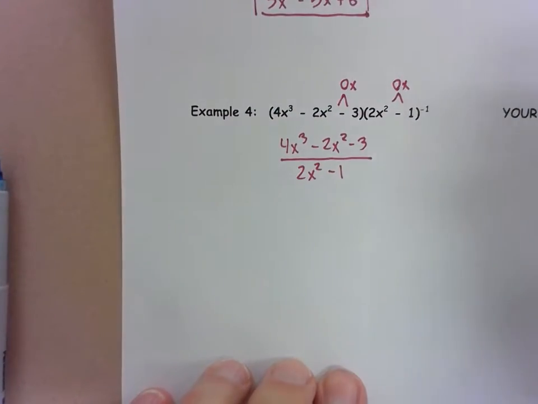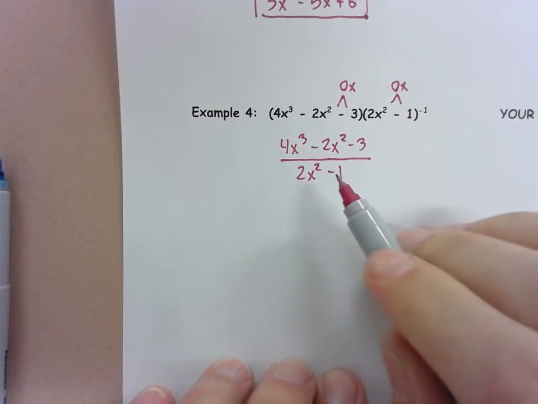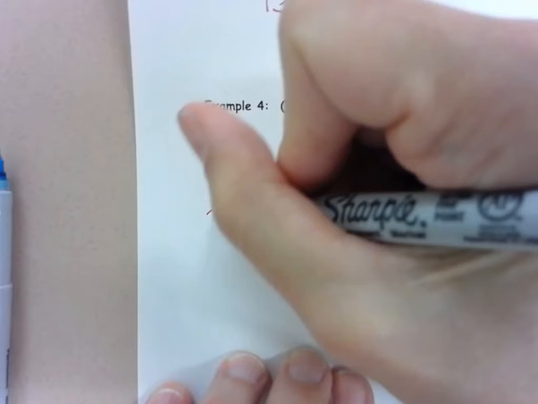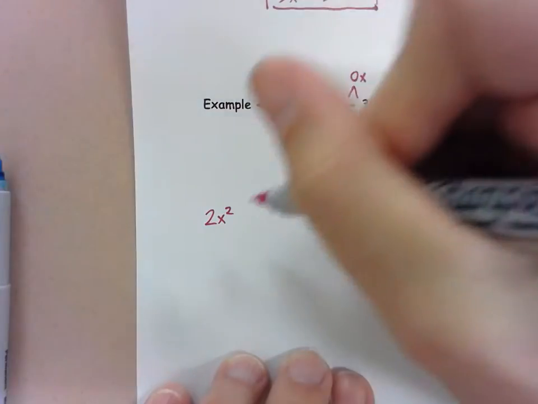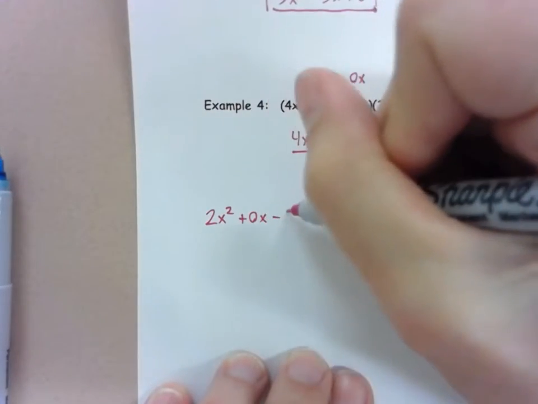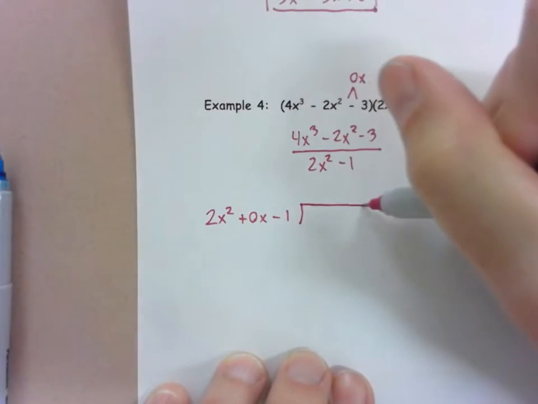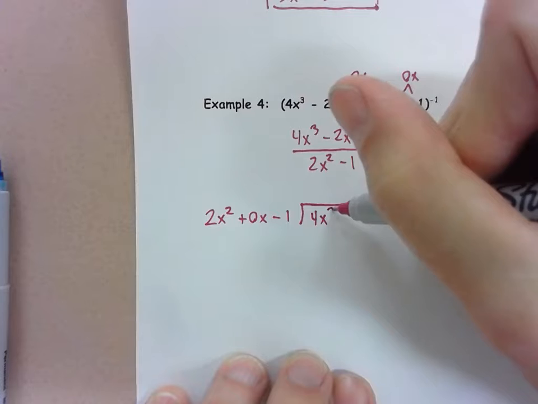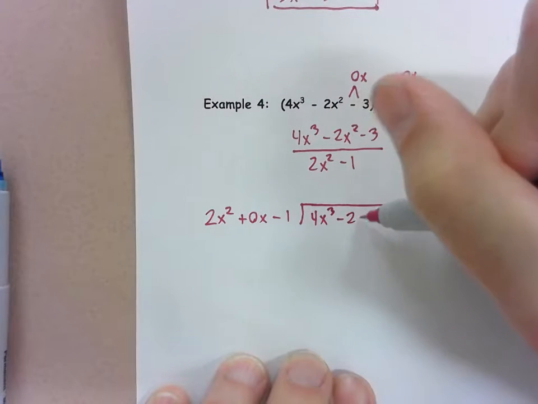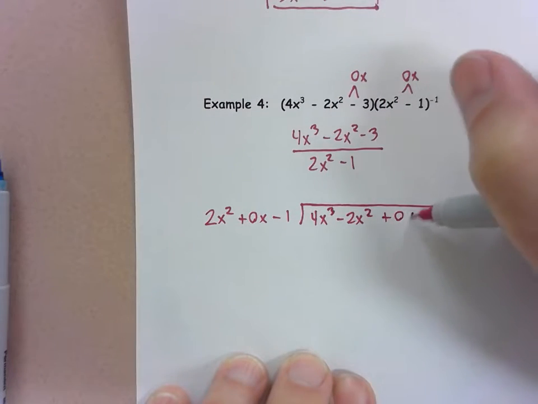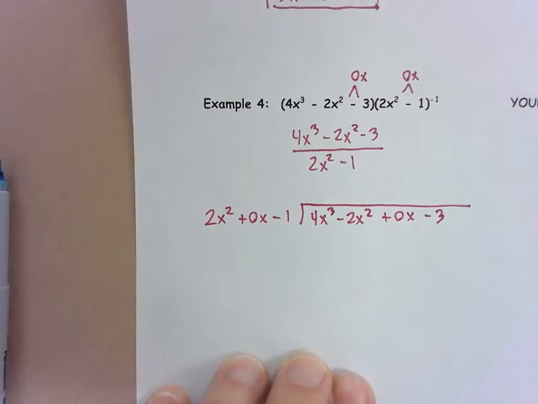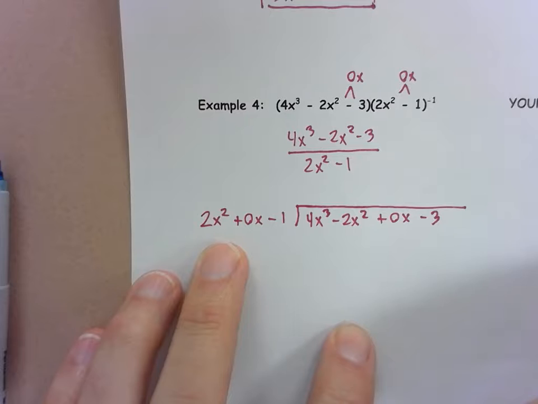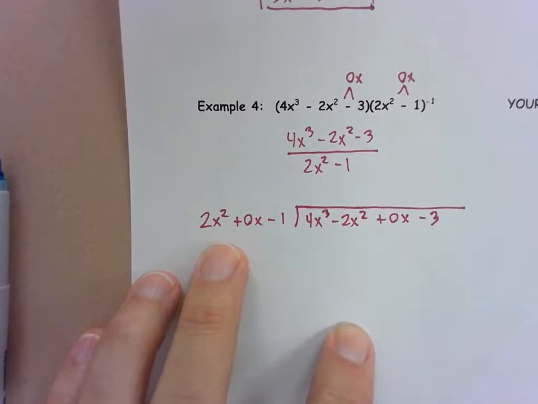So we have to set this up with the 0x's in there and treat that as division. If you can get it set up in the division, then again, we set it up and solve it using the same processes as before.